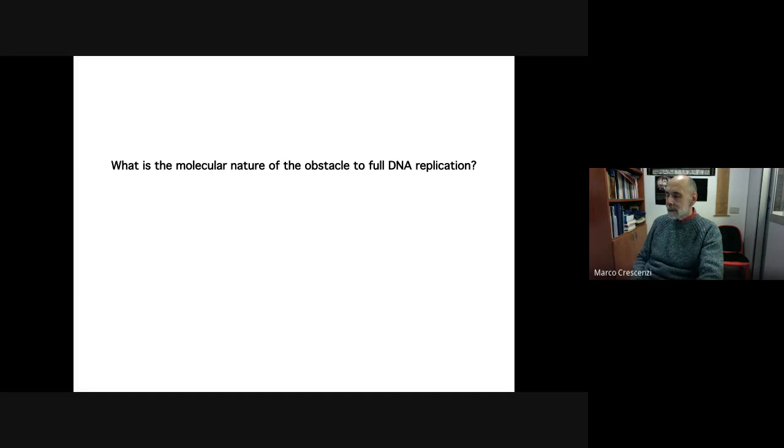And so the question became, what is the molecular nature of the obstacle to full DNA replication? Now, this is a damn question. This is one of those vague questions that science has such a hard time addressing.